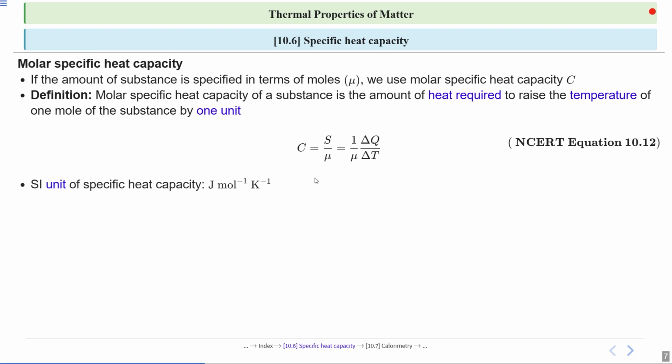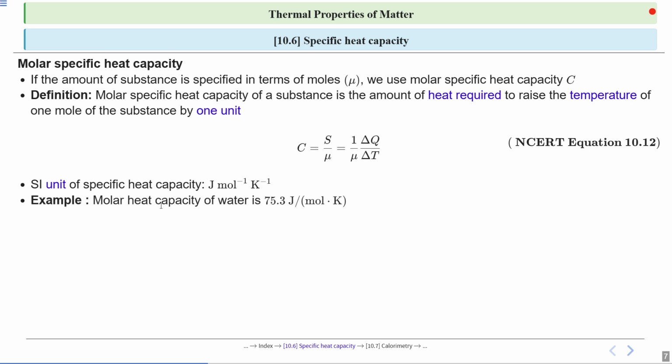The SI unit of molar heat capacity is joule per mole per Kelvin. How? The SI unit of heat is joule, divided by delta T, for which the unit is Kelvin, so per Kelvin, and for mu it is mole, so per mole: joule per mole per Kelvin.